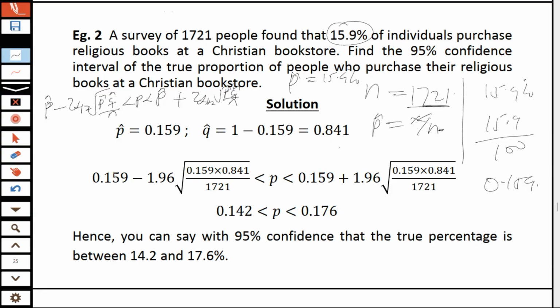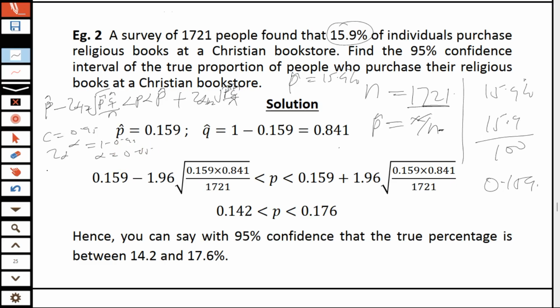Our p hat was 0.159, and now we calculate z subscript alpha divided by 2. Here our confidence level was given as 0.95. So our alpha is 1 minus 0.95, which is 0.05.